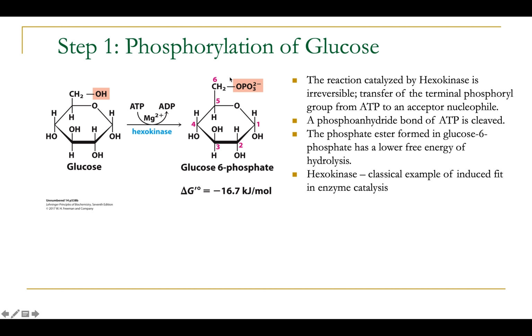The transfer of a phosphoryl group to glucose, making the phosphoester, is an endergonic reaction because this ester bond between glucose and the phosphate group has some free energy. So to make this reaction energetically favorable, the phosphate group is donated from ATP, where it is even more energetic than the phosphate group transferred to glucose.